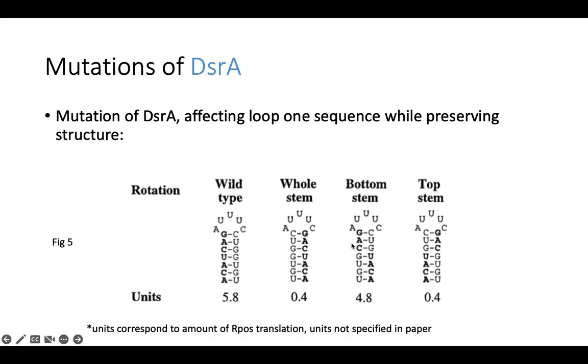That indicates this might be a more important part of loop 1. And if we did the opposite of that, we don't really have much rpoS translation. So it looks like having this GAC right here is a very important part of loop 1.